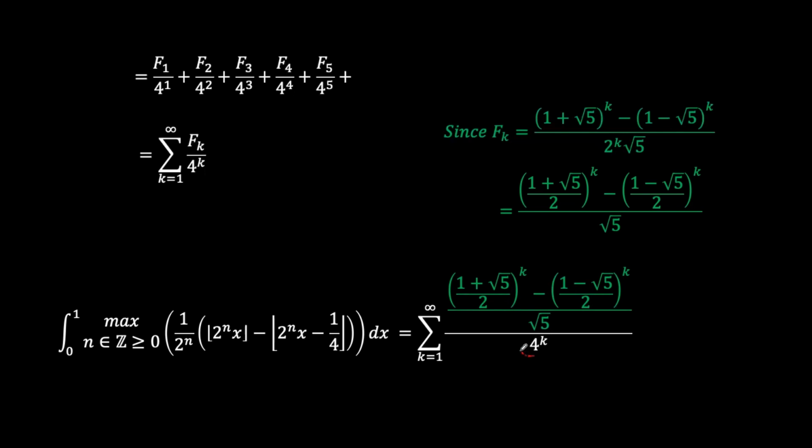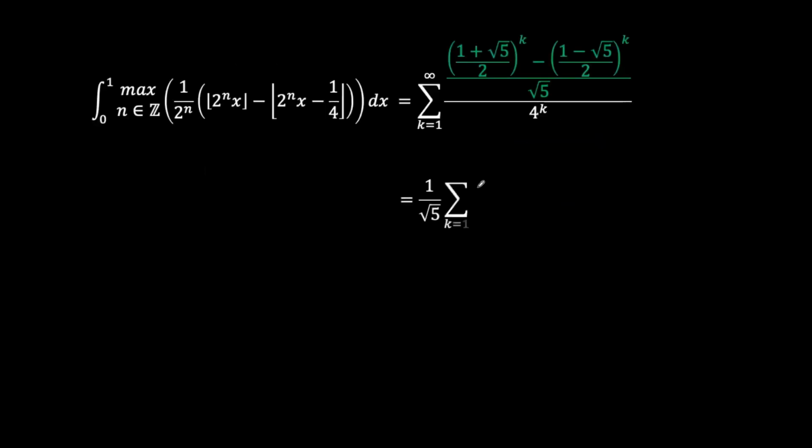Now, I can pull this 4 into this expression, and then pull this constant outside. So we do have a 1 over root 5, and we have 1 over 2.